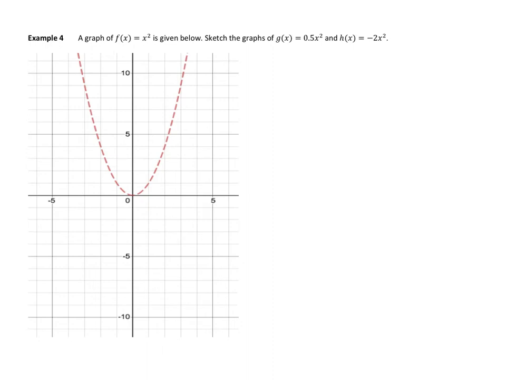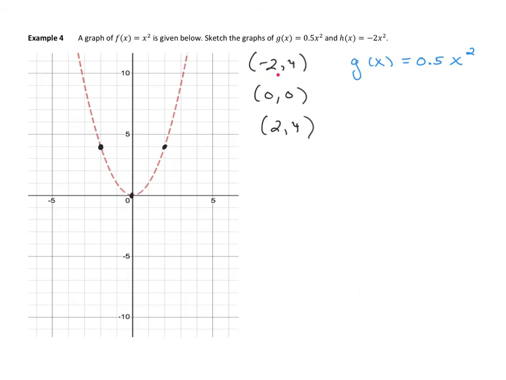I'll choose, let's say, maybe negative 2, 4, 0, 0, and 2, 4. I think those are 3 good points to work with. So negative 2, 4, 0, 0, and 2, 4. What happens to these points on the function g of x, which was 0.5 times x squared?